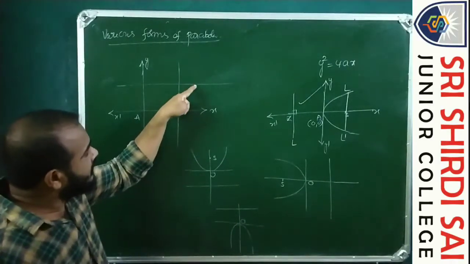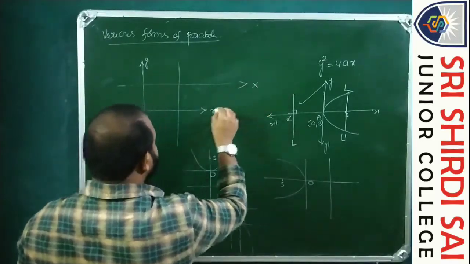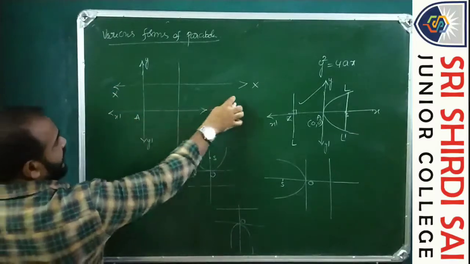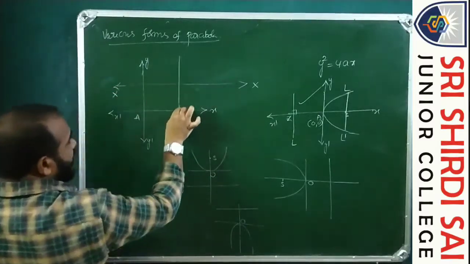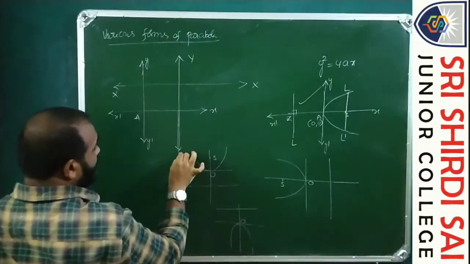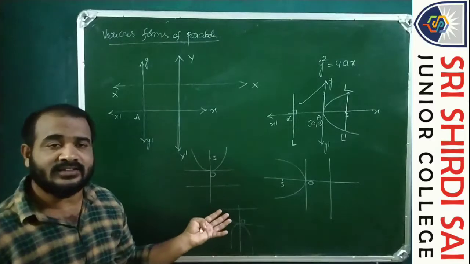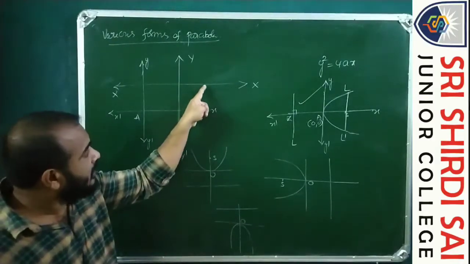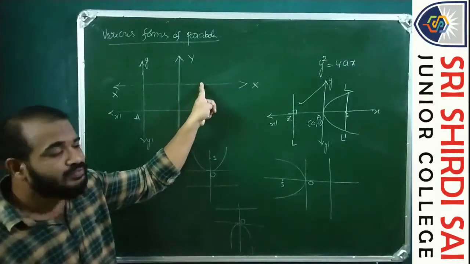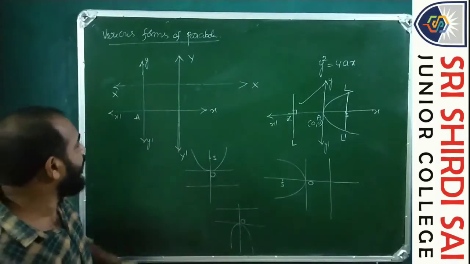This line is the fresh new x axis, capital X, and this line is a fresh y axis, capital Y. Here I did not change the direction of the coordinate axis. So this capital X is parallel to small x and the capital Y is parallel to small y.